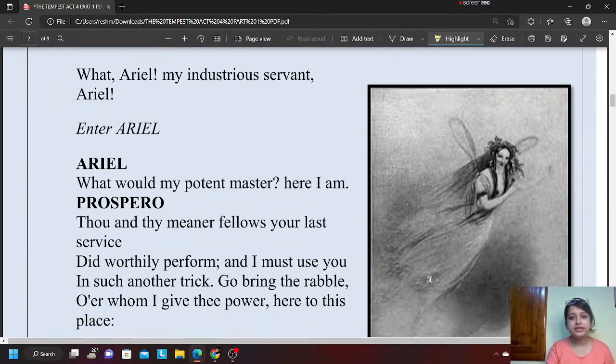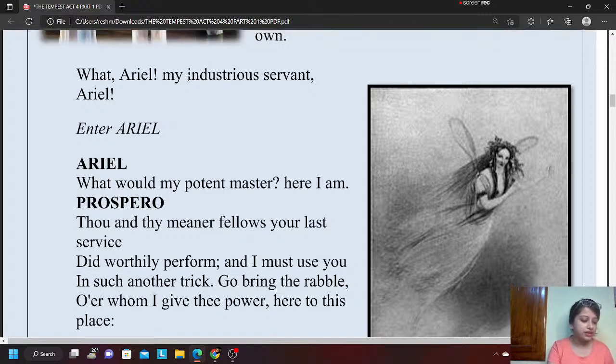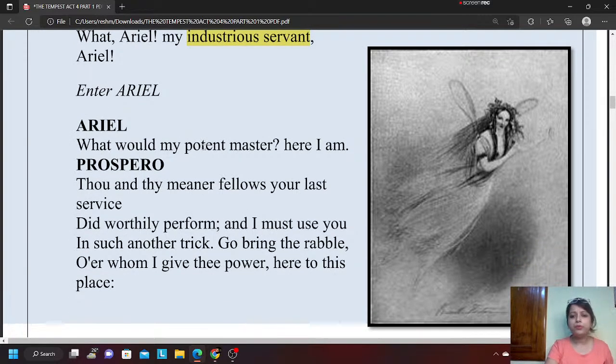What, Ariel, my industrious servant Ariel! Industrious servant means you are good at a lot of works. What is it? So Ariel comes in. Ariel is called. What would my potent master?